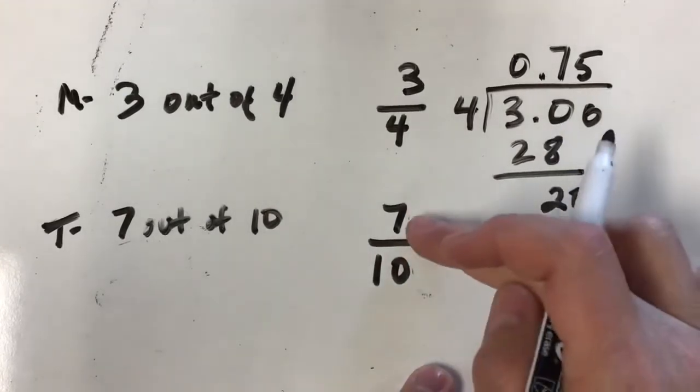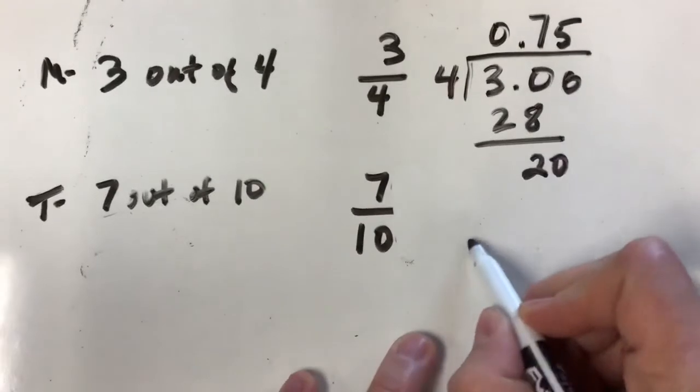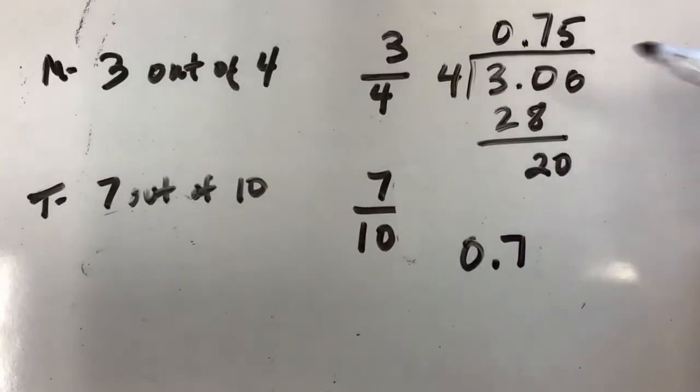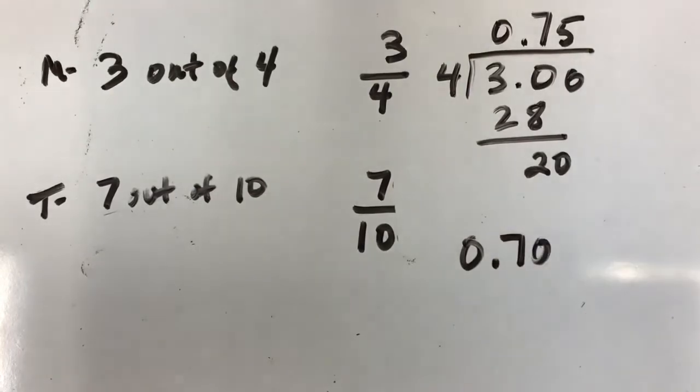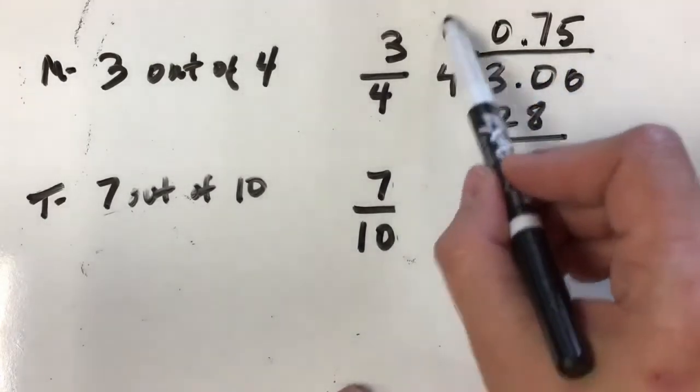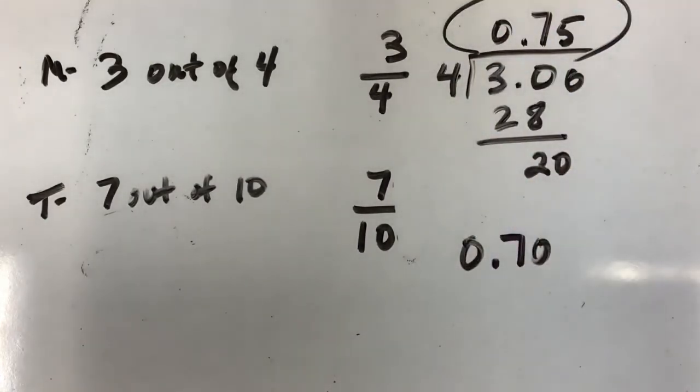This is already 7/10. To put it in the hundredths place, you just pop a 0 on there. So you can tell that Marcus did better. He got 75%, where Terry only got 70%.